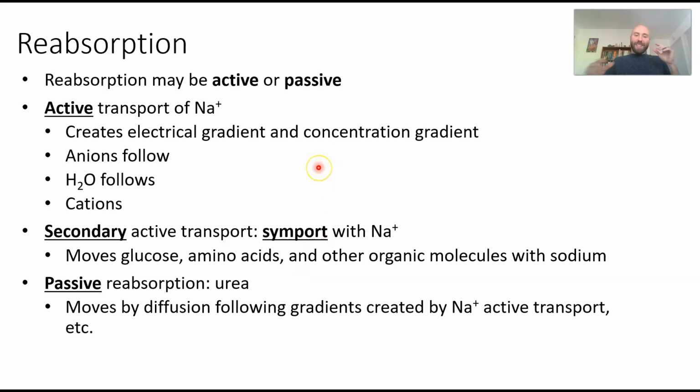So whereas filtration is primarily pressure driven, so the drive of blood pressure is going to be a big facet of how much filtrate is created, the act of bringing that filtrate back into the body is more of a transport type of mechanism.